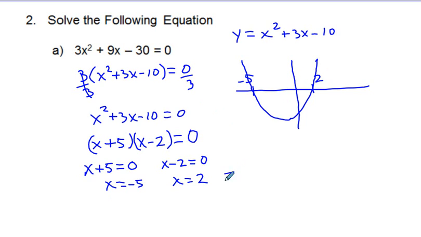And you can also write this in set notation as x equals negative 5 comma 2. So you'll see solutions written this way also.